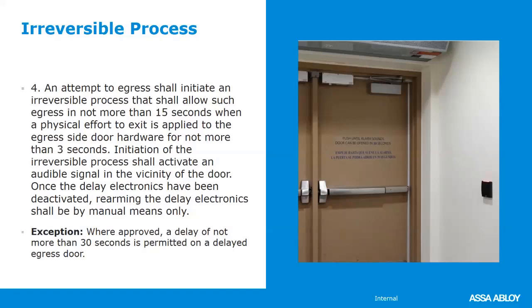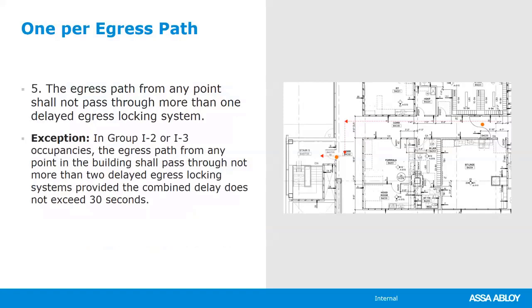Number 5, the egress path from any point shall not pass through more than one delayed egress locking system. If I'm doing a project and they want delayed egress on this double egress door and they want delayed egress on this stair door, that's more than one in a path of egress, and therefore it would not be allowed unless it meets this exception, which is I2 occupancies, nursing homes and hospitals, or I3 occupancies, which are your detention and correctional facilities.